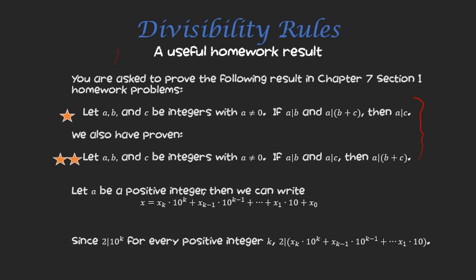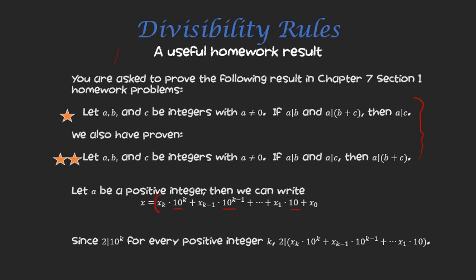Each of these 10 to the k, 10 to the k minus 1, up to just 10, those are all divisible by 2, right? 2 divides 10 to the k for every positive integer k, and that's simply because 2 divides 10, so it'll divide a power of 10. So 2 divides all those.